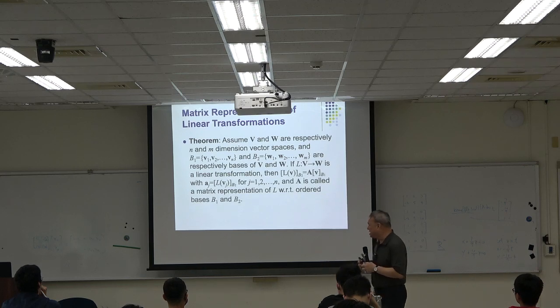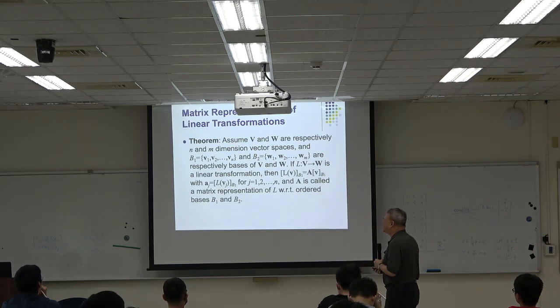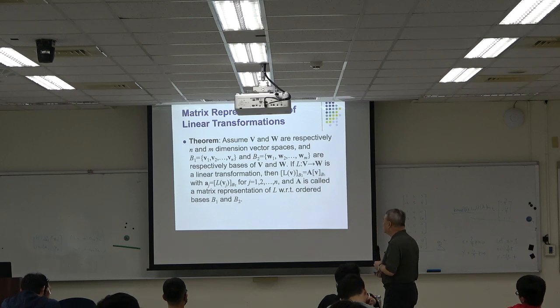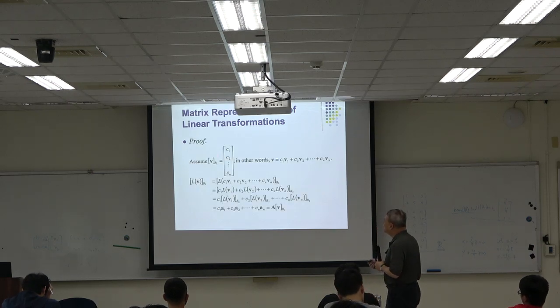It looks complicated, but actually it's really not that complicated. Just like I said previously, any linear transformation can be represented by a matrix, so first we have to prove that.